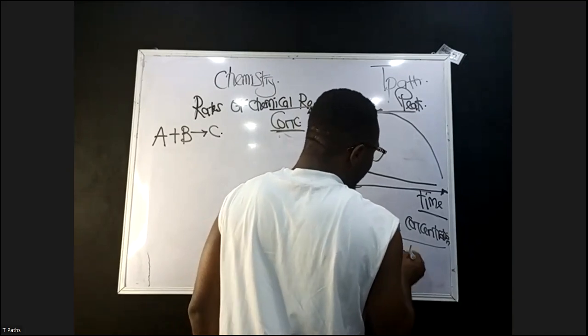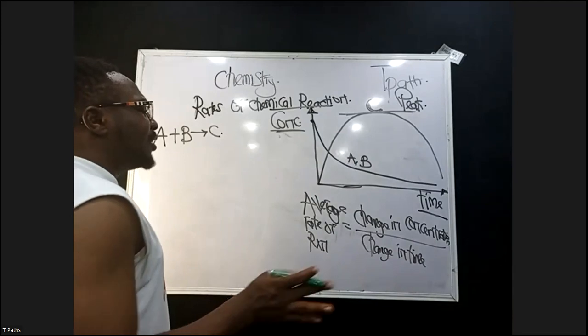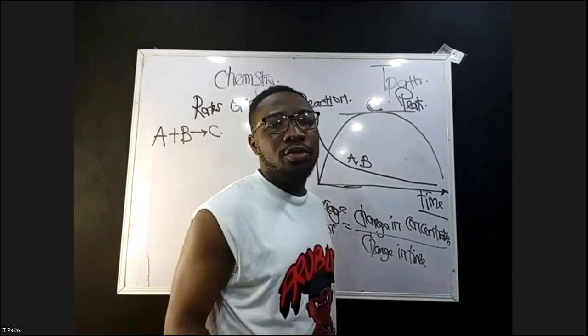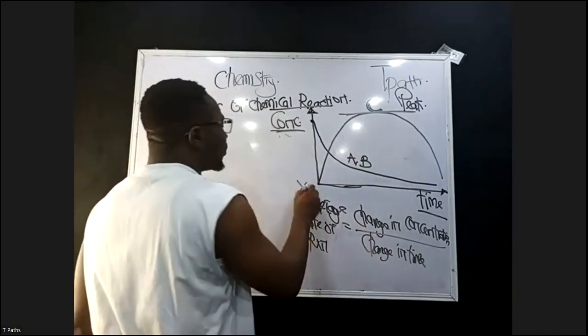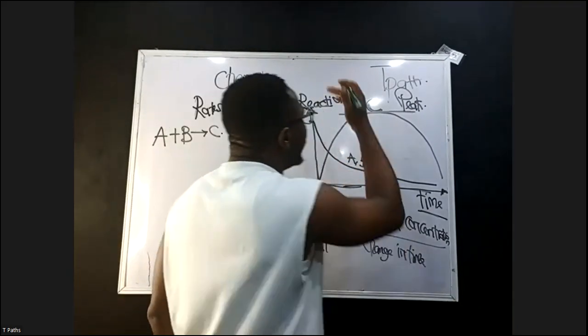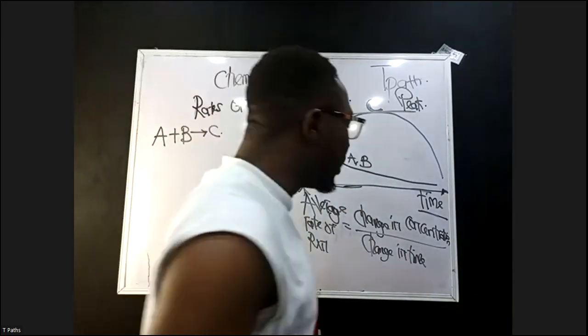We need to understand that the average rate is an absolute value, in the sense that we don't accept negative values. We only accept positive values. So we can determine the average rate from the curve at different time intervals.